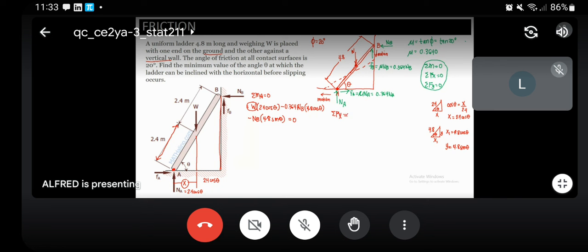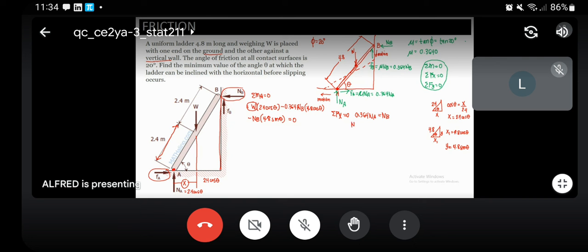So fx muna tayo. Okay? So summation fx is equal to 0. We can say that your FA, which is 0.364 NA, is equal to NB. Okay? Tama ba? Etong force na to, saka etong force na to, equal lang silang dalawa.